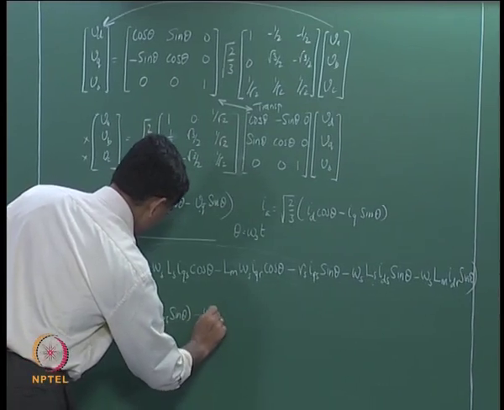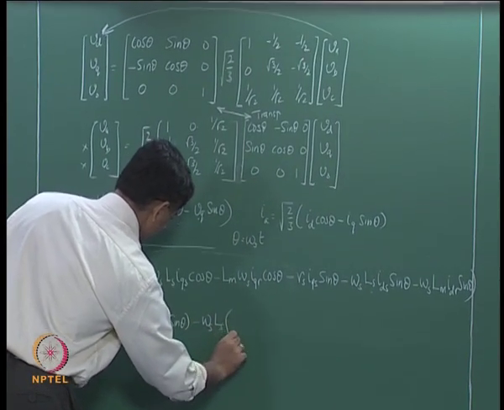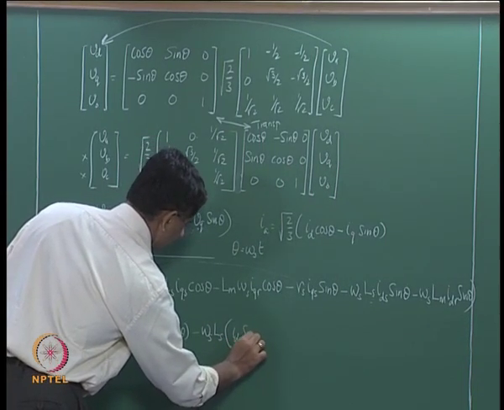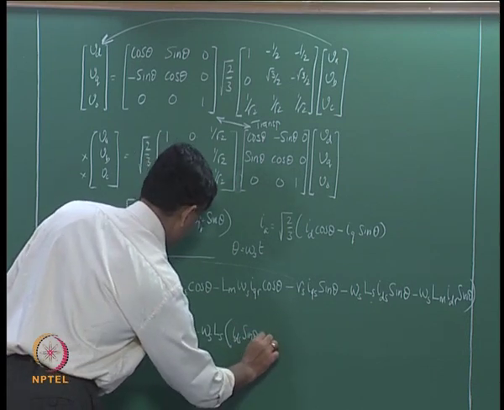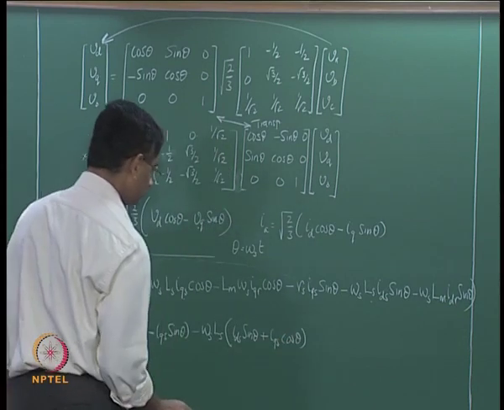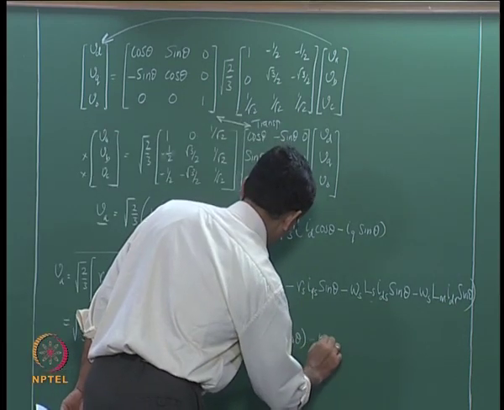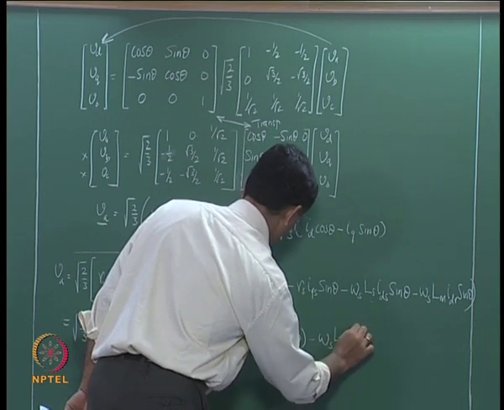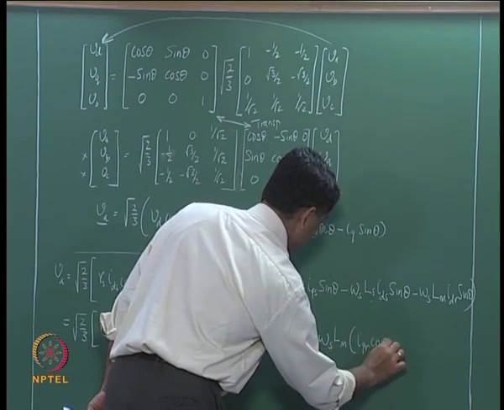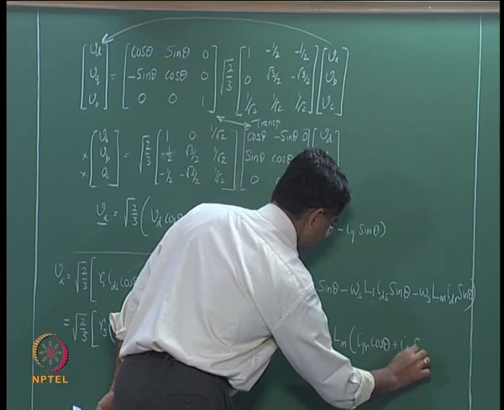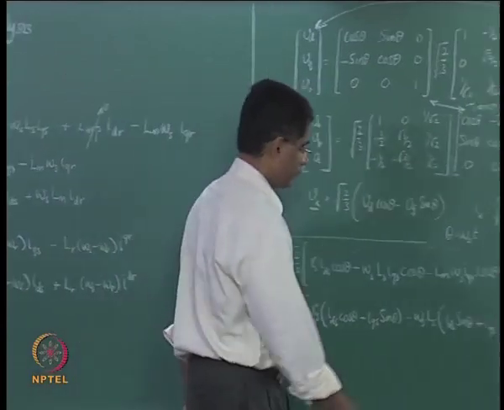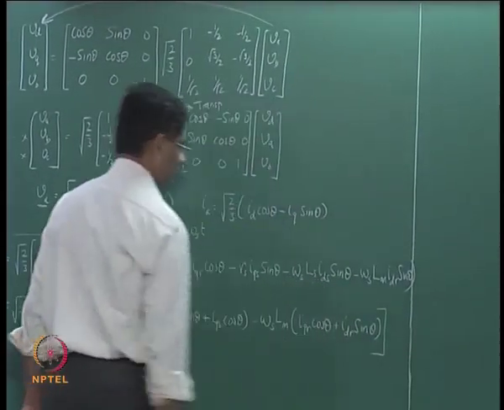So, that is minus omega s Ls into Ids sin theta plus Iqs cos theta, and then minus omega s Lm into Iqr cos theta plus Idr sin theta. This is what one gets if we multiply these two terms.